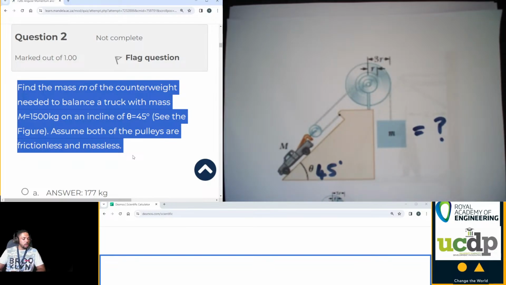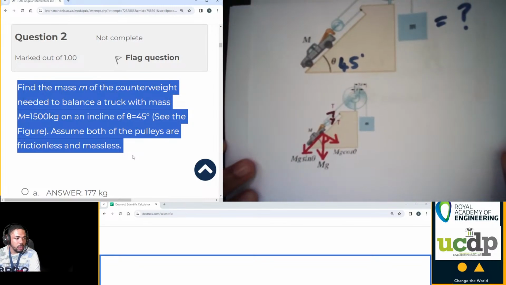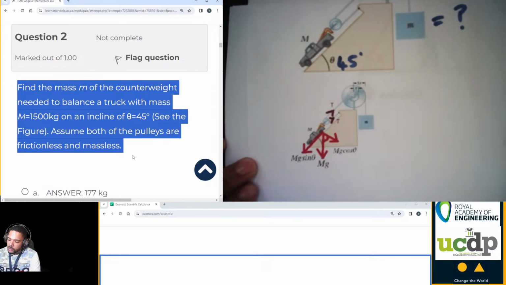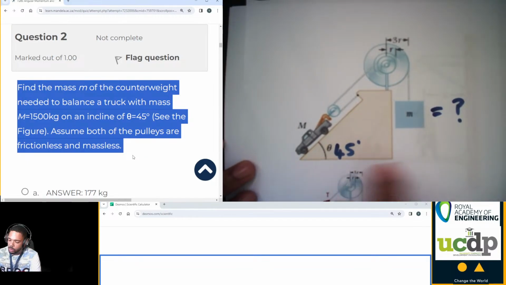How do we go about answering this question? First of all, we draw a force diagram. Now, I'm not going to draw the whole force diagram. I already have one here. So the forces acting on this buggy are as follows.